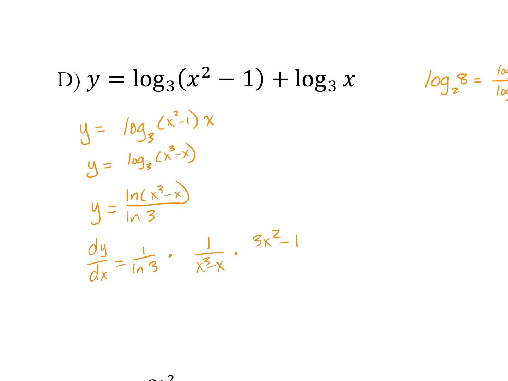How are we doing? Is this okay? And I would accept, probably maybe making this 3x squared minus 1 over the natural log of 3 times x squared minus x.